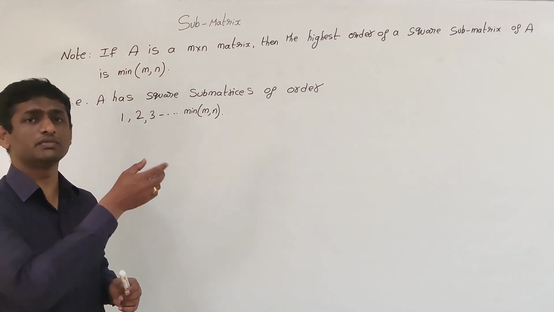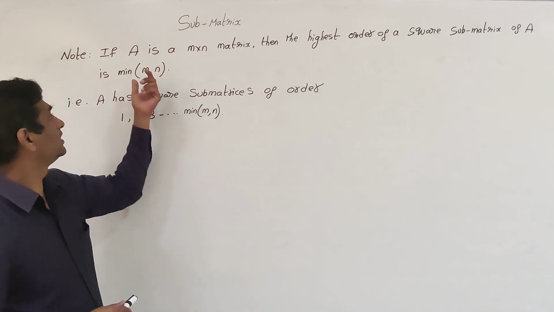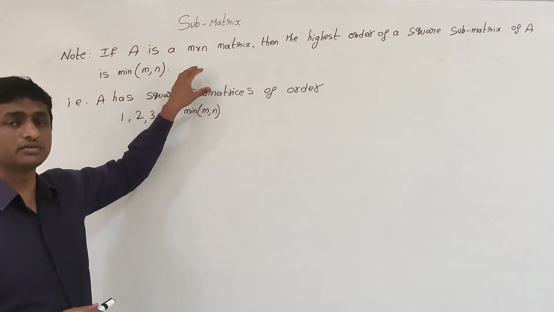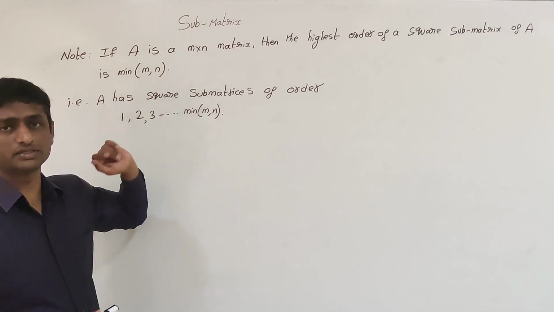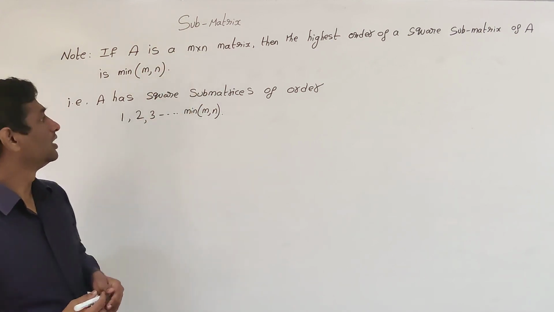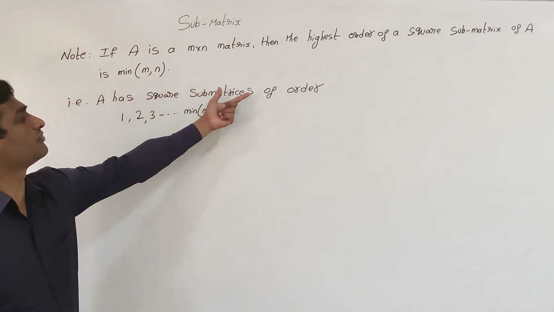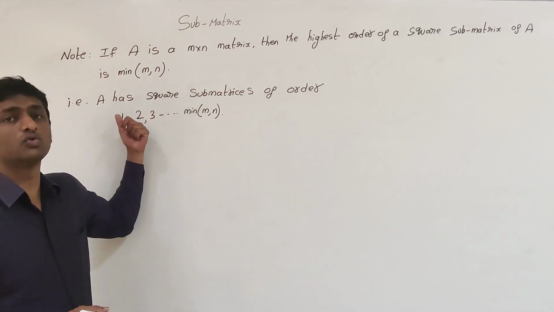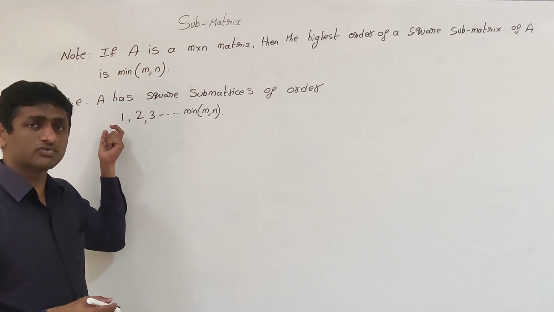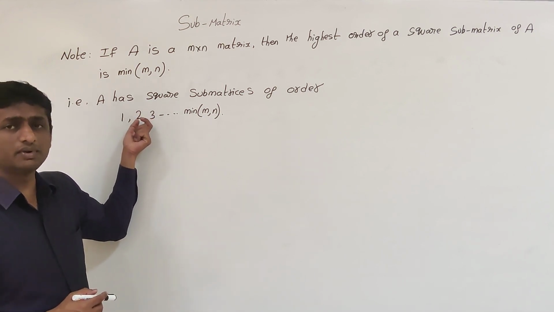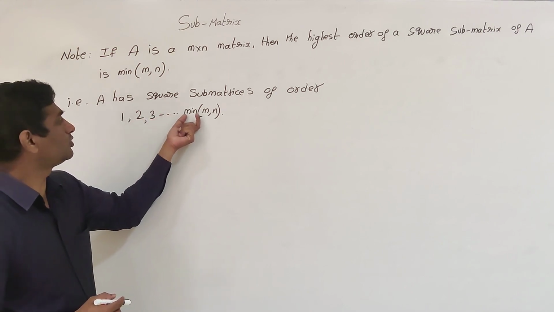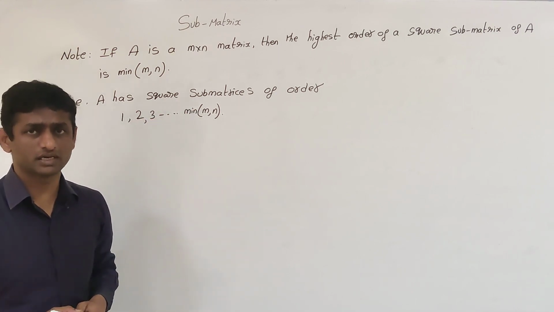Whatever the minimum value is, that is either m or n or both. Then we can have square submatrices up to that minimum value, that is, orders 1, 2, 3 and so on, up to the minimum of m comma n.